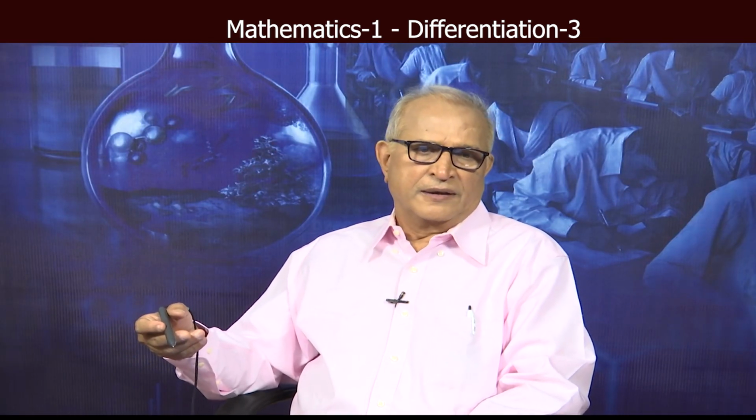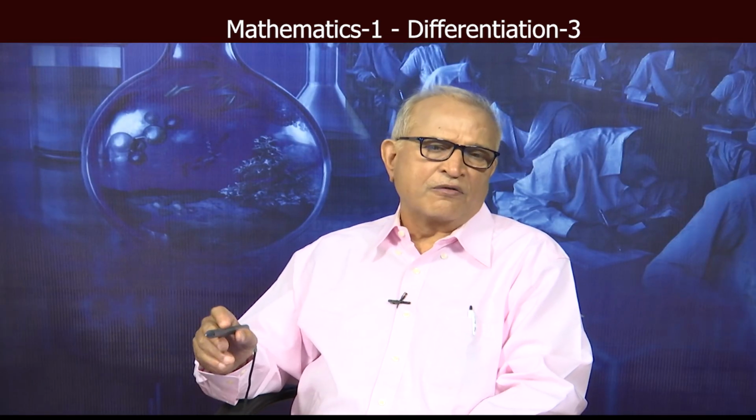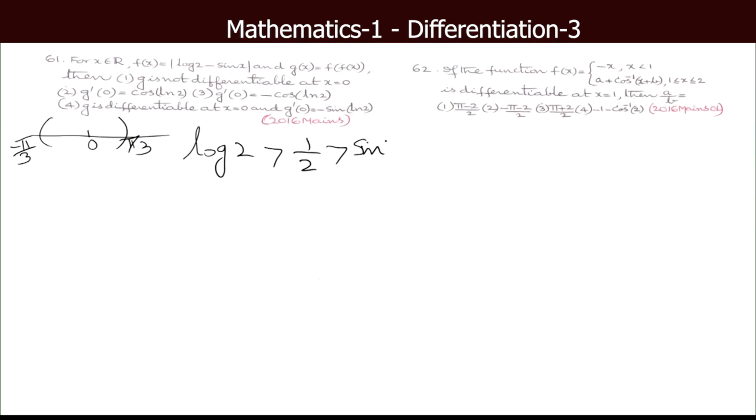So, therefore, the square root of e lies between 1.6 and 1.7. So, log 2 is always greater than half, but half is greater than sin x whenever x lies in this neighborhood of 0. So, this is to ensure that log 2 is always more than sin x in a small neighborhood of 0 of radius pi by 3.